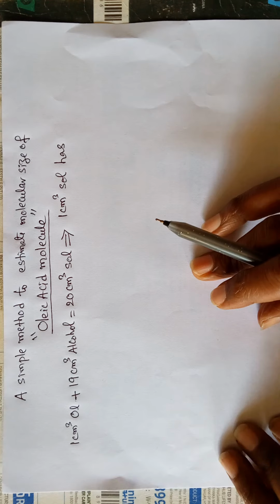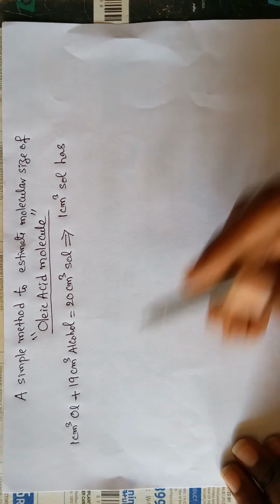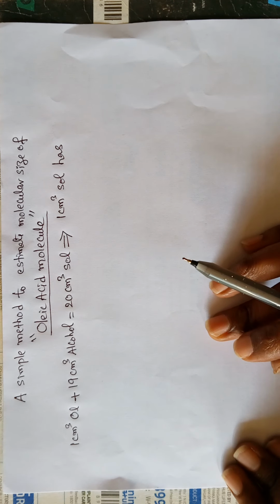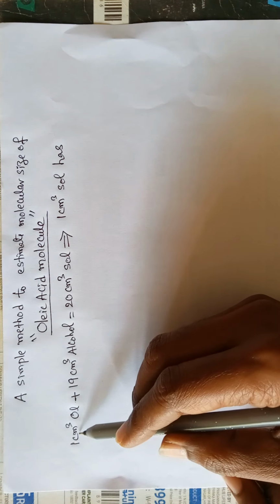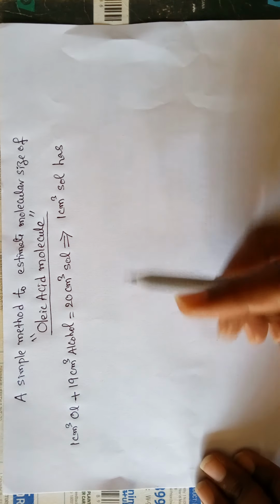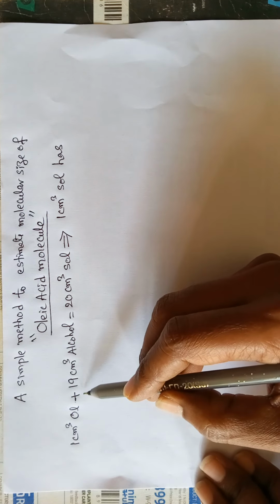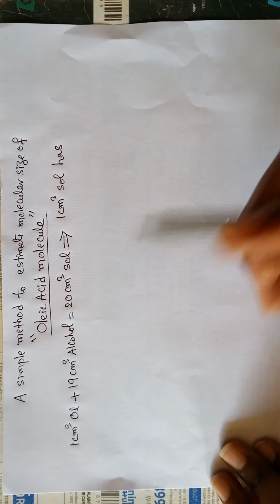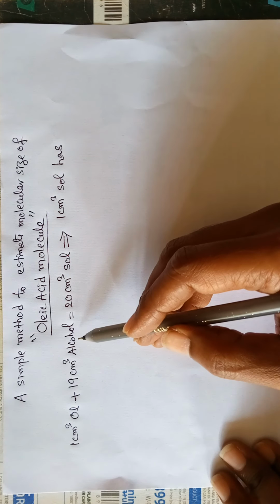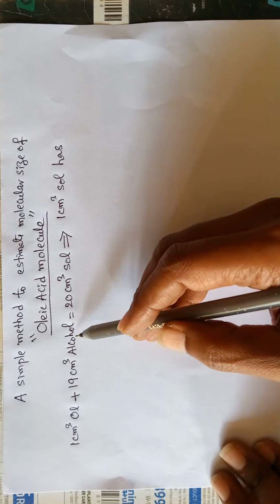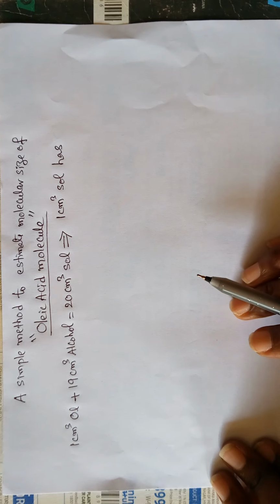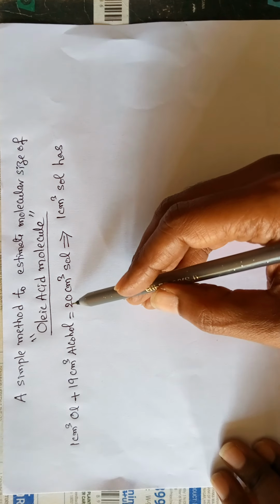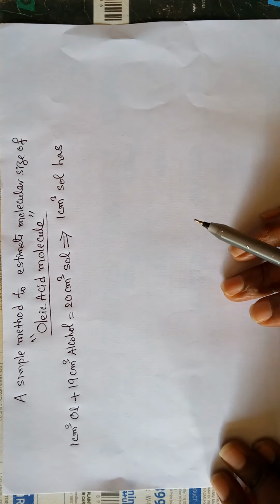How? Let us see. You take just 1 centimeter cube of oleic acid. To that you add 19 centimeter cube of alcohol. Suppose this is a solute and this is a solvent, because it dissolves in alcohol. So a solution is prepared. 1 plus 19, 20, so you get 20 centimeter cube of solution.